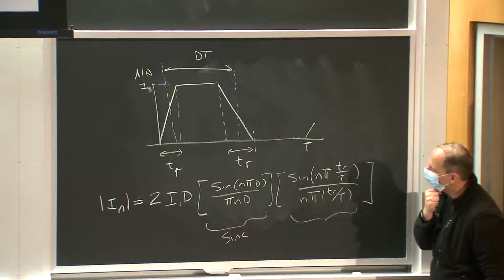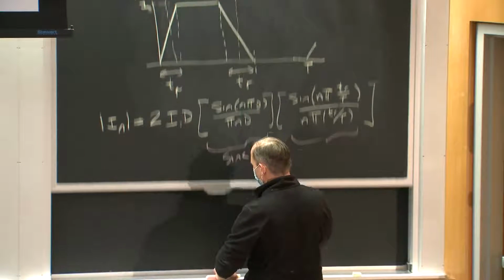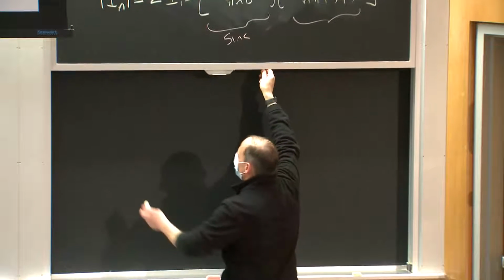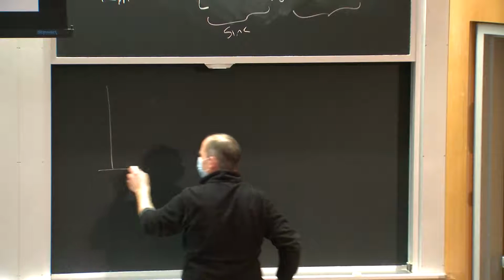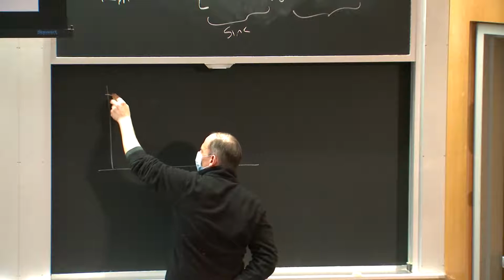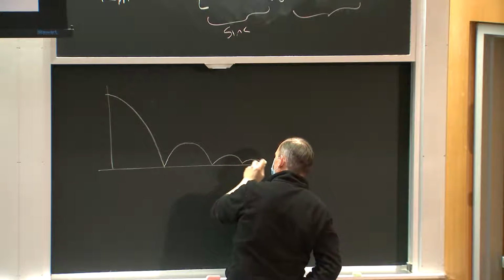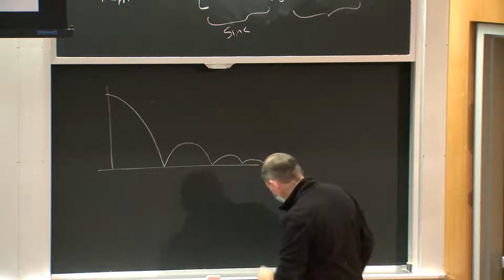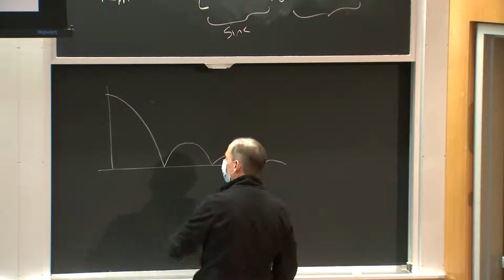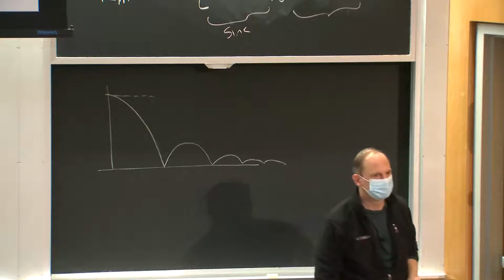Because think about what a sinc function looks like, right? A sinc function sort of looks like this, okay? It starts at a certain height, 1, and it falls off like this. At really low frequencies, a sinc function asymptotes to 1, okay?